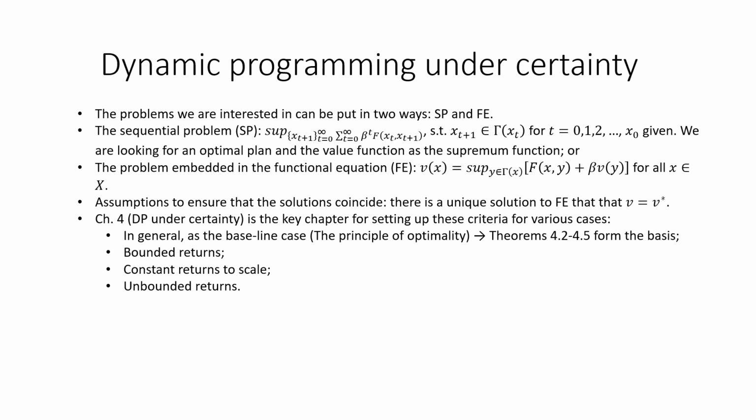We are interested in dynamic optimization problems that can be put in two related ways. One is the sequential problem and one is the functional equation. When we put a dynamic optimization problem in the sequential form, we are trying to find an optimum policy, an optimum path, pattern, or program for the endogenous state variable, that helps the agent to attain the maximum level of satisfaction.